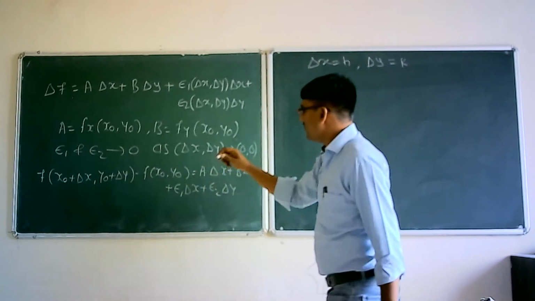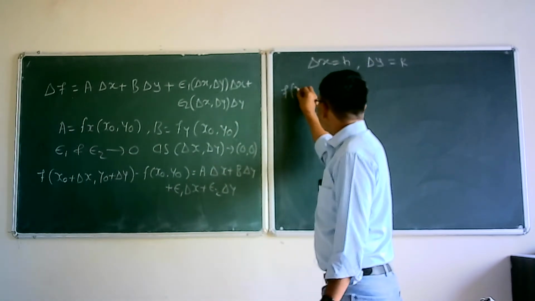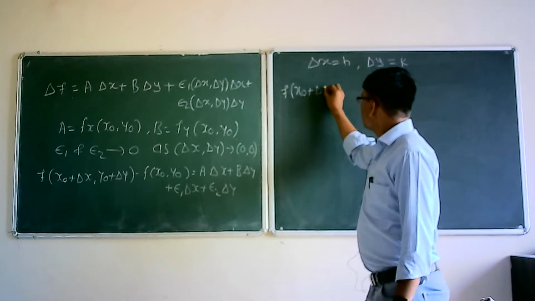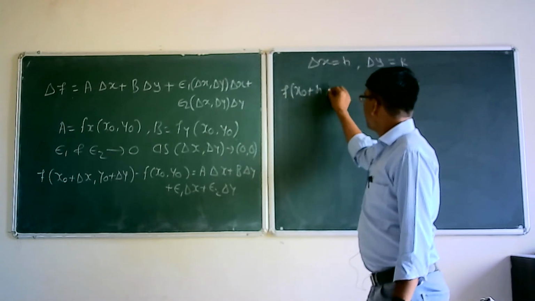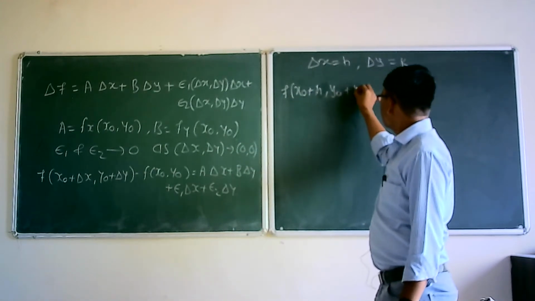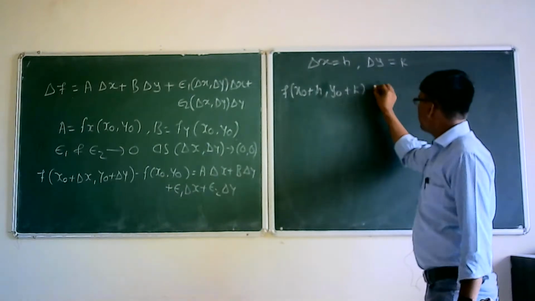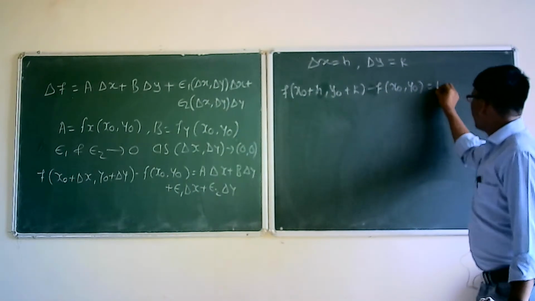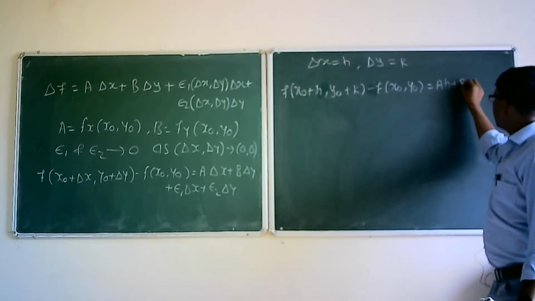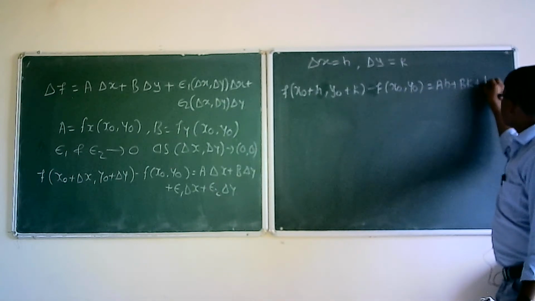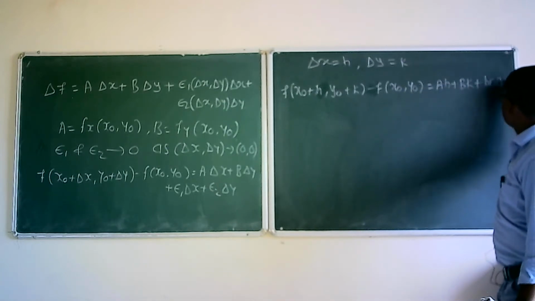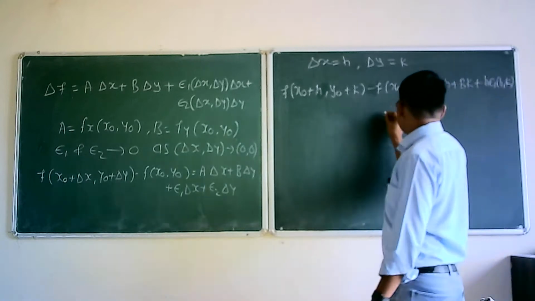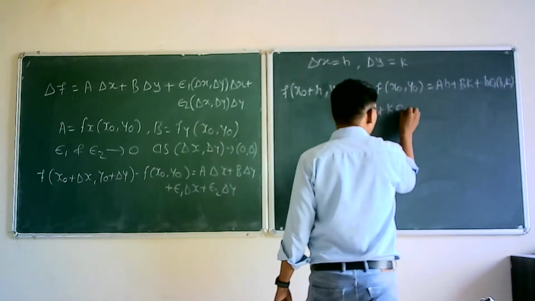So this function is f of x0 plus h, y0 plus k minus f of x0, y0 is equal to ah plus bk plus h epsilon 1 hk plus k epsilon 2 hk.